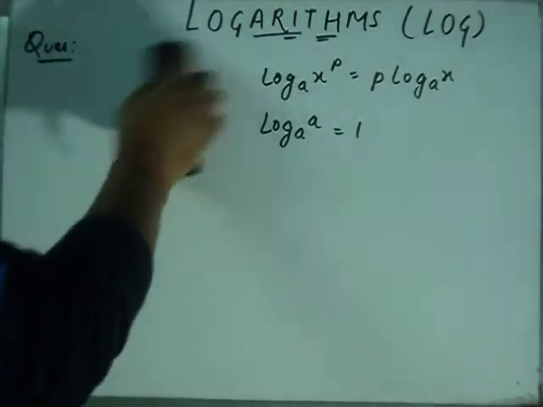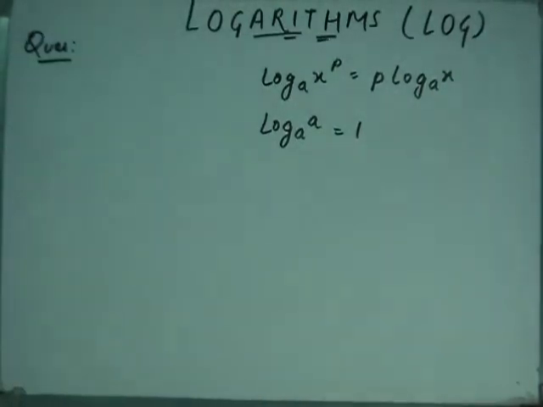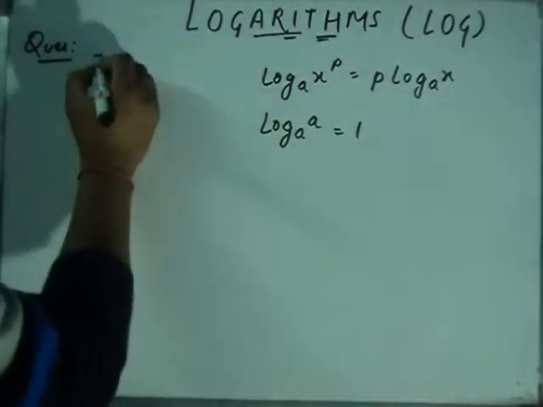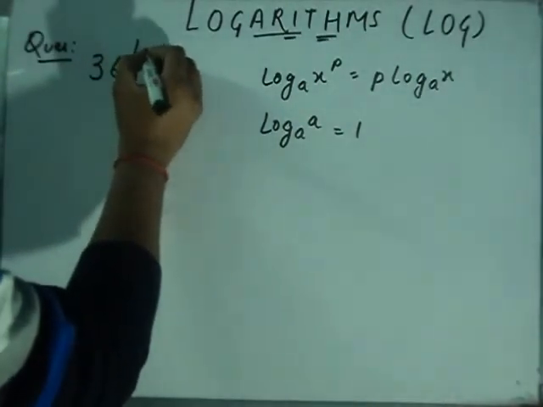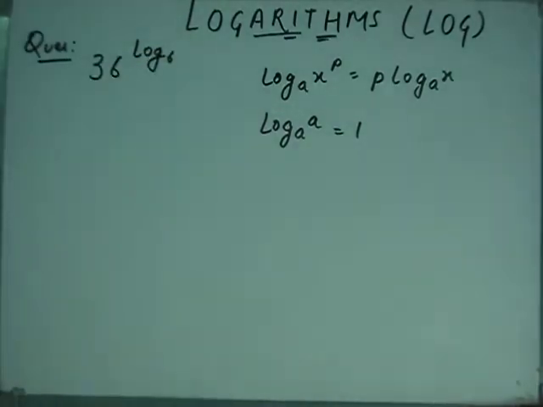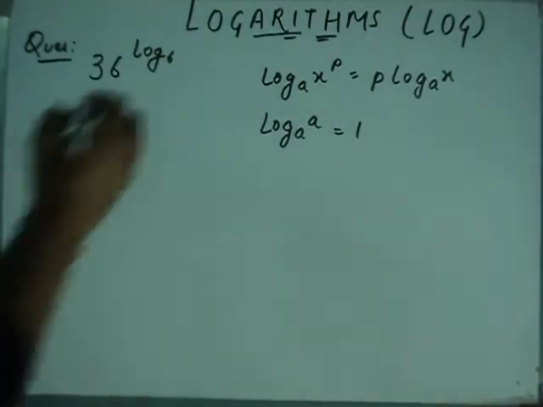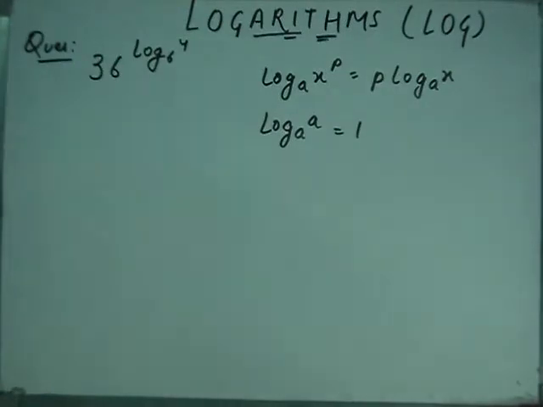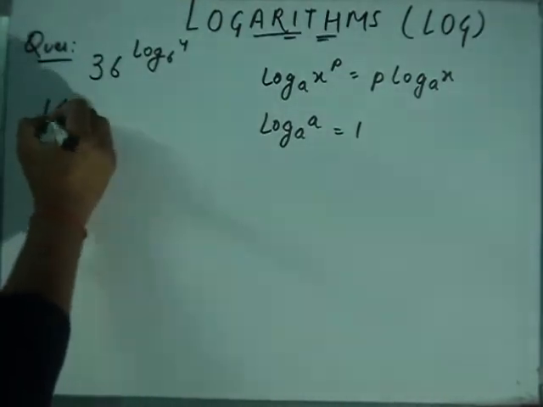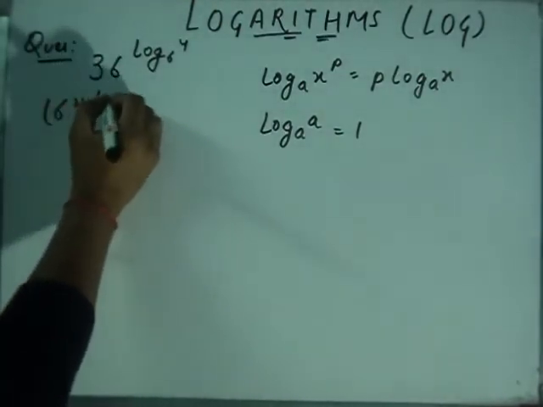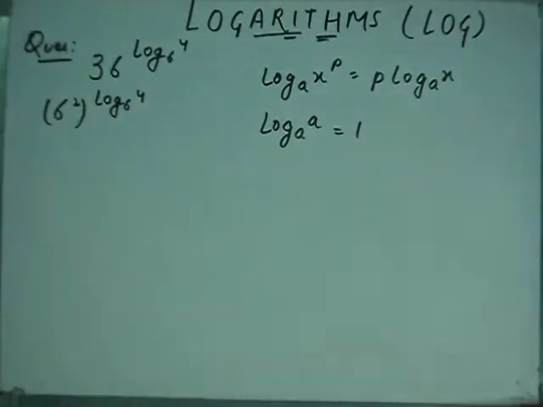In the coming question we will get another type of property. We have the value 36 to the power log 6 4. I can write it as 6 to the power 2 log 6 4.